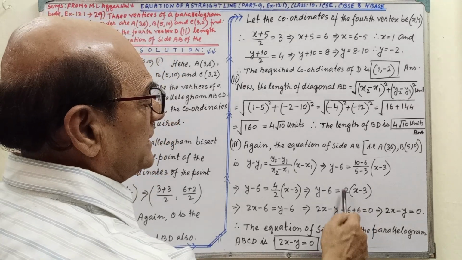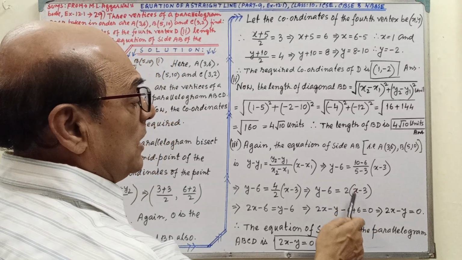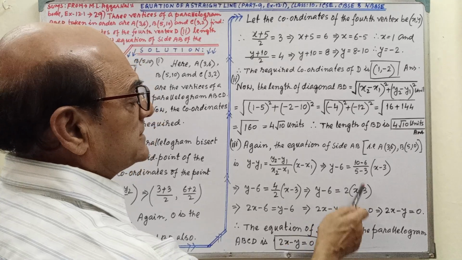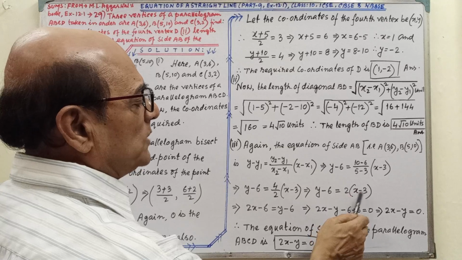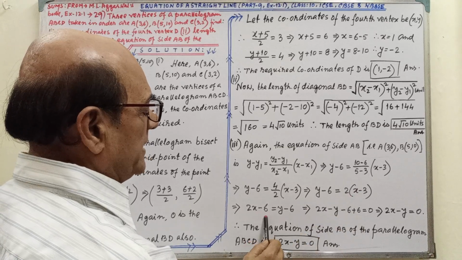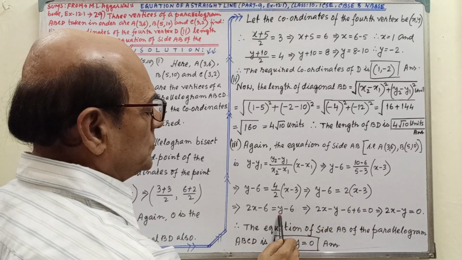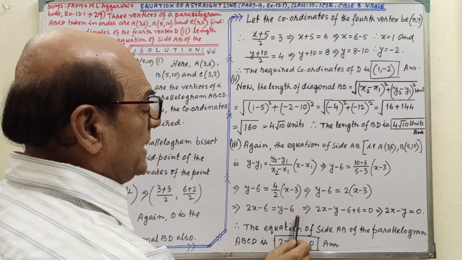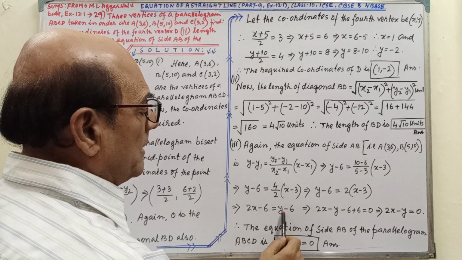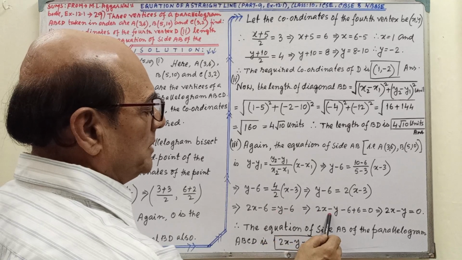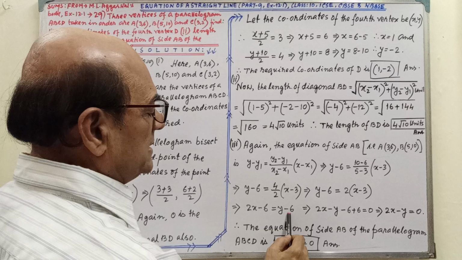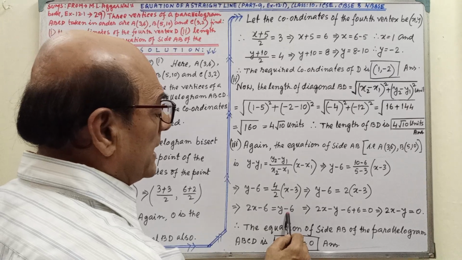Then we are taking this part, the whole part, from right side to left side, so the sign will not be changed. And at the same time we are multiplying, that is 2x minus 6, and this is equal to y minus 6. Then we are bringing y from right side to left side. It is plus, so it will be minus, and minus 6 on the right side.